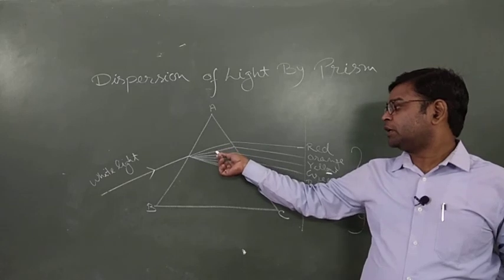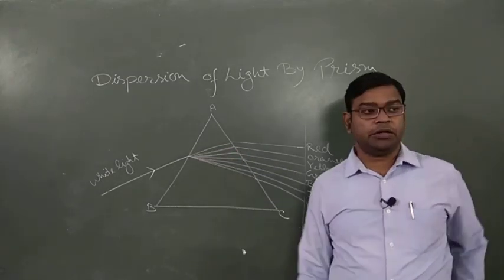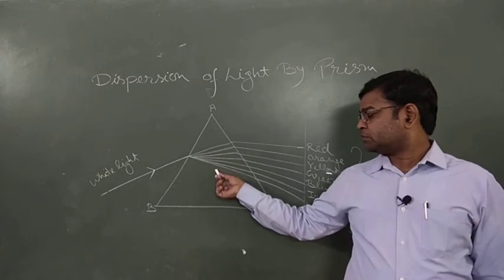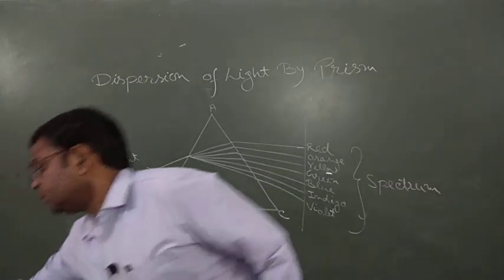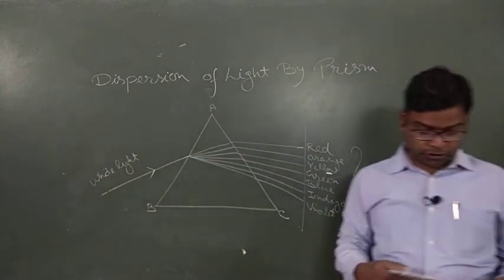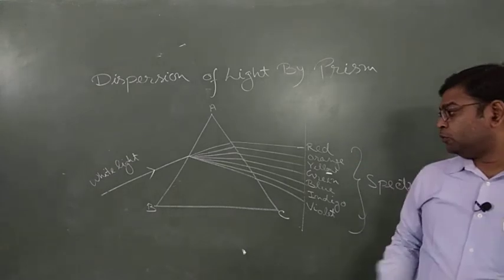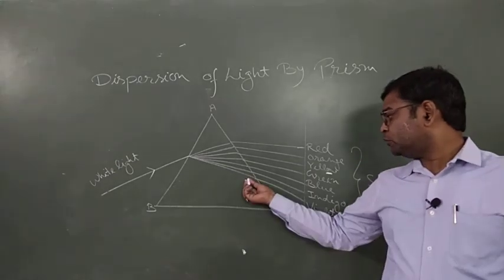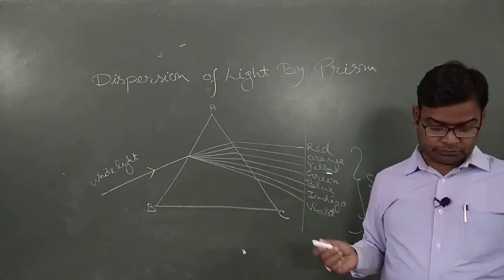So they change direction according to their speed. Means those who travel faster turn more, and those who travel less turn less.